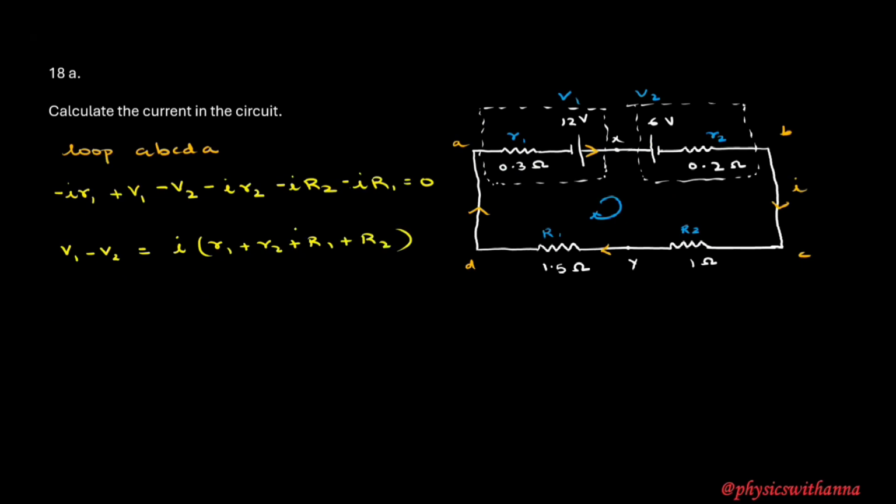You can substitute the values and then divide. So V1 is 12, V2 is 6, I is missing, r1 is 0.3 plus 0.2 plus 1.5 plus 1. So that gives you 6 equals I times 3, or I equals 6 over 3, which is 2 ampere.